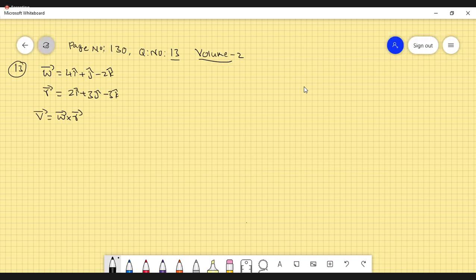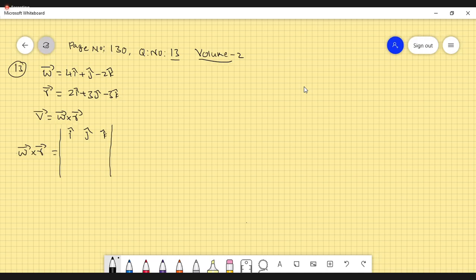So that can be written as just omega cross r. If you do, then you will get the linear velocity. So we are using the determinant method. So v equals omega cross r we are doing.